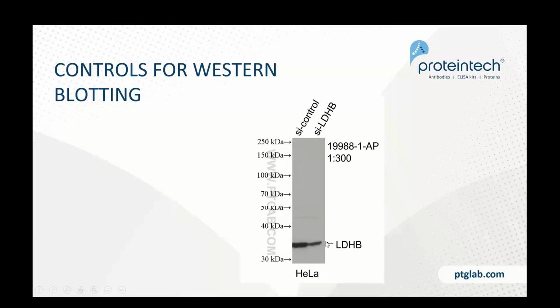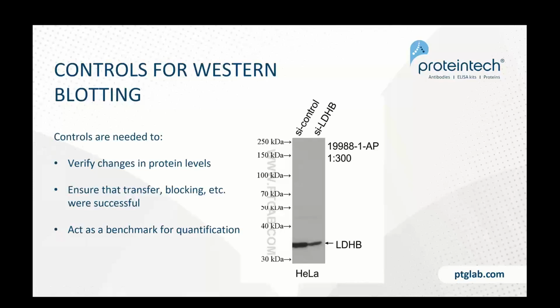And so, if you try to send this to a reviewer, they're not going to be very happy with you because you don't know why this is less intense. Maybe the siRNA worked, but it could be that your transfer was not complete for that lane for whatever reason.